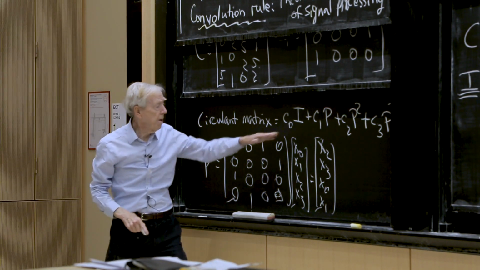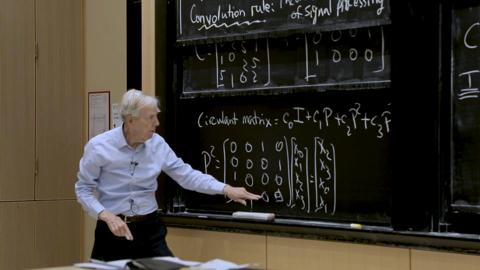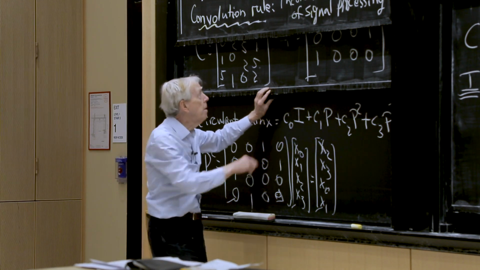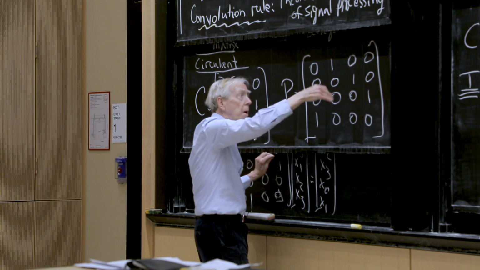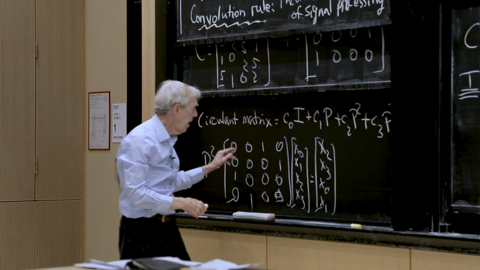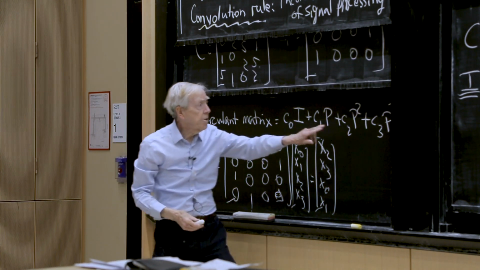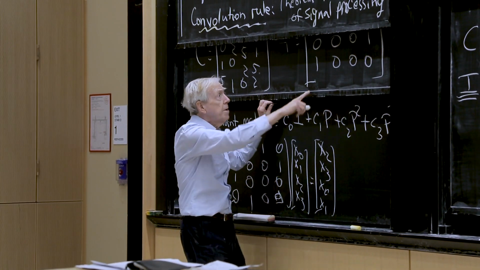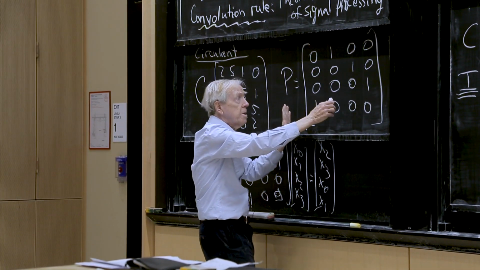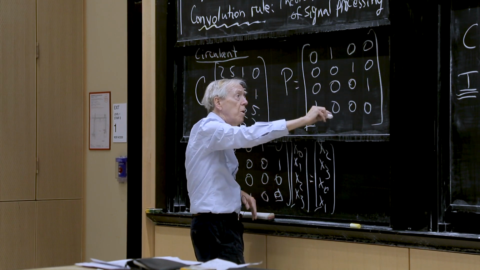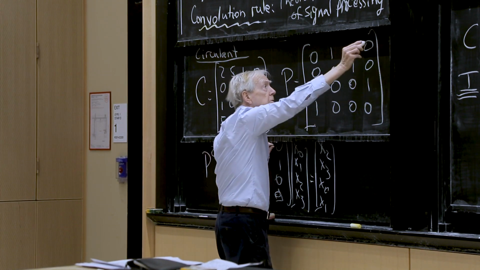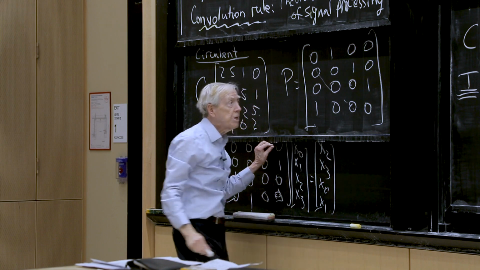C0 I is obviously on the main diagonal. C1 P, remember what P is, that puts C1 on the next diagonal. Then C2 P squared, when I square this, I've shifted by 1 more, so it will put C2 on that diagonal, and finally C3 would go in those positions.